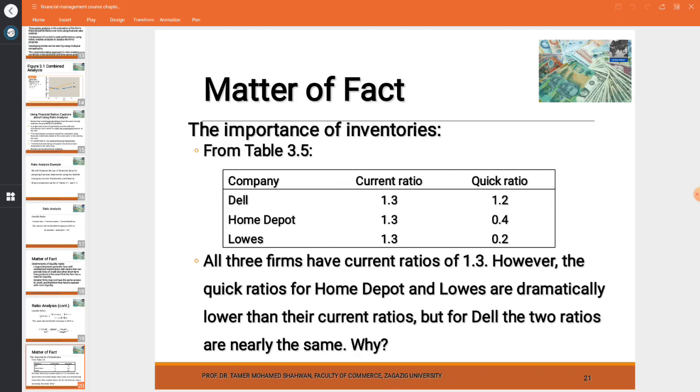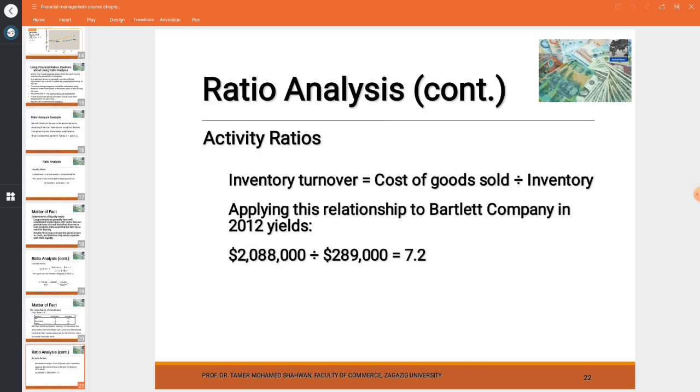However, the quick ratio for Home Depot and Lowe's is dramatically lower than their current ratio. Why? Because of the existence of inventory, and the inventory gives you a wrong indicator about the liquidity of your firm. Therefore, if you would like a good picture of the liquidity of your firm, you must depend on the quick ratio rather than the current ratio.